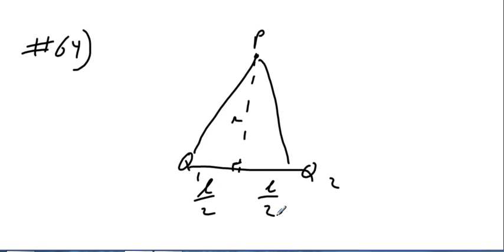Show that the field on the perpendicular bisector for R much greater than L is given by something. Alright, so R is much bigger than L. I've got some angle on this side, we'll call that theta 1, and we'll call this guy theta 2.